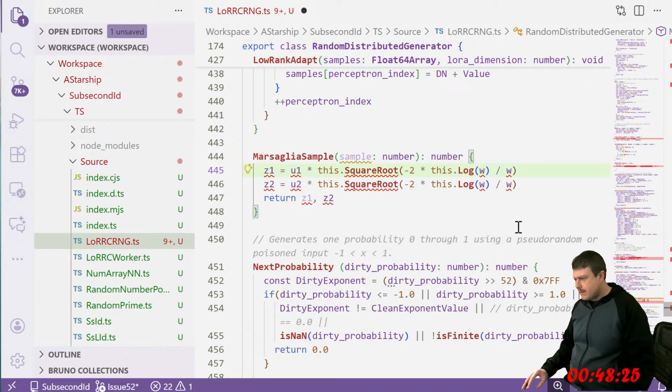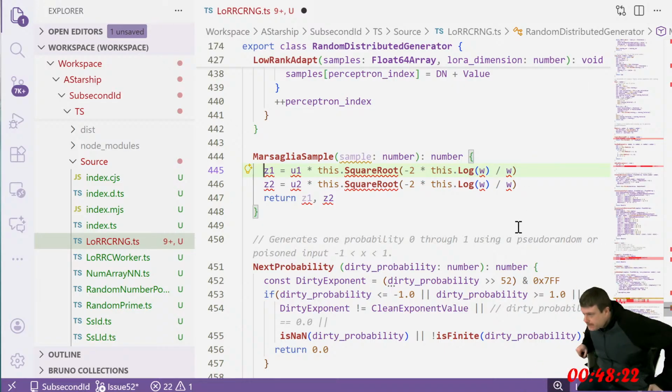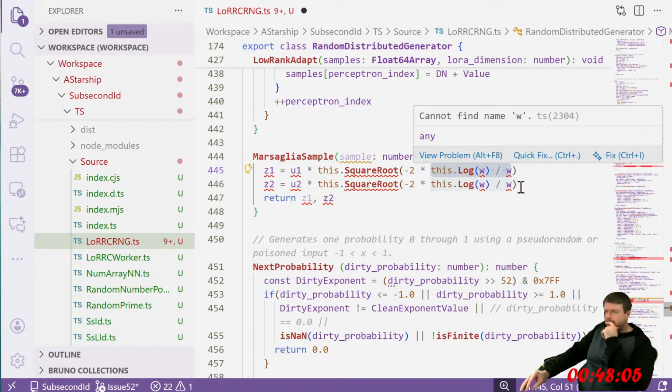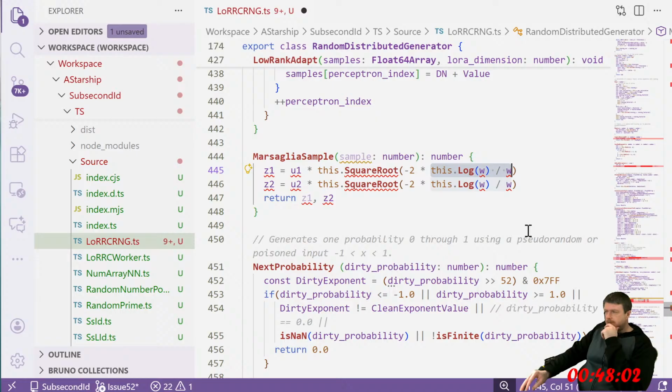Can't just do this, huh? Log and divided by W. This one's expensive, but not too bad. 2 times log. What the hell? I got this code from Wikipedia. Their code was garbage, dude. Yeah, I'd update their code, but they blocked me.